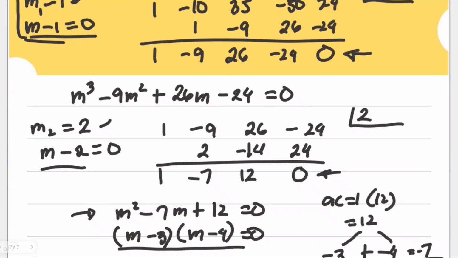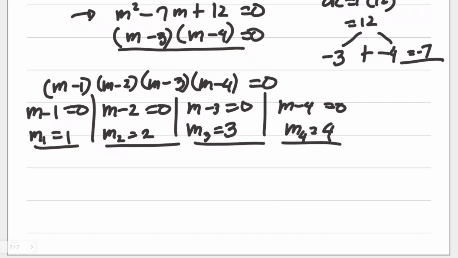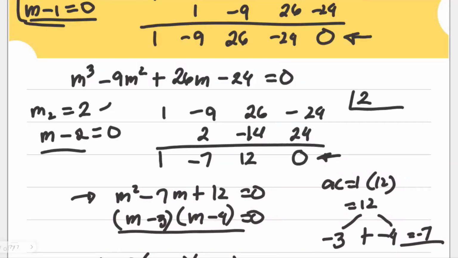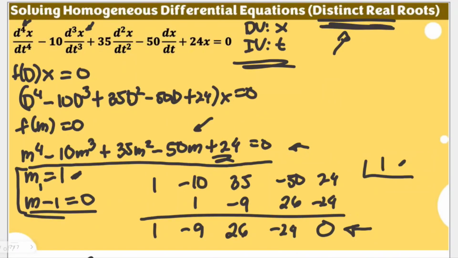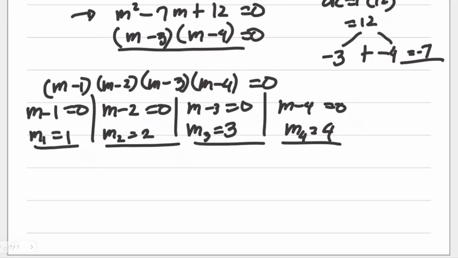Now that we are sure that they are distinct and real, we have a specific solution for homogeneous differential equations where the roots of the auxiliary equation are all distinct and real. We have this process. Your dependent variable earlier was not y, it's actually x. So in general solution, it should be y equal to c sub 1 e to the m1 x. But since y is no longer the dependent, and x is not the independent, it will be transformed in this manner.